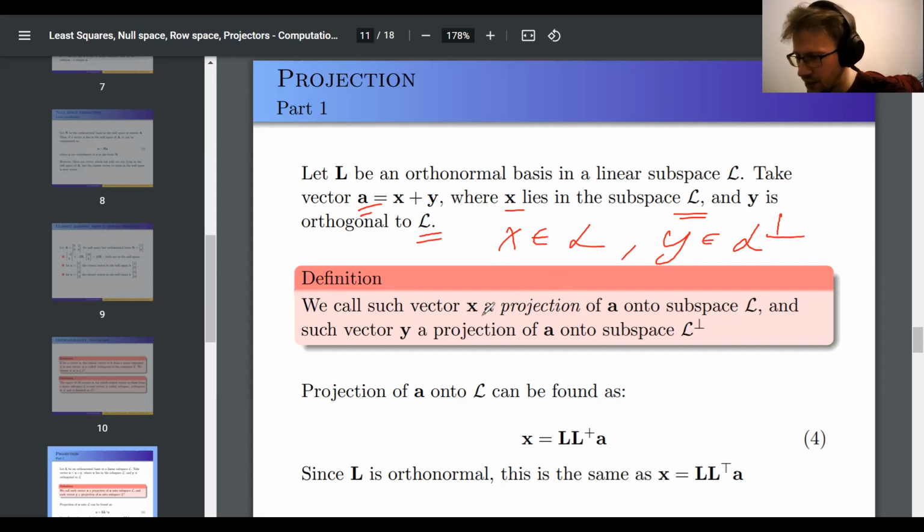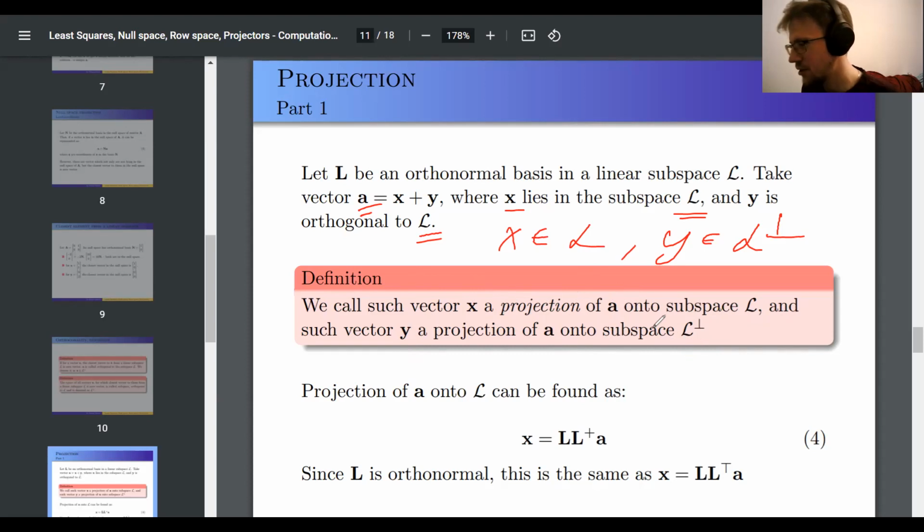So we call X a projection of A onto L, and we call Y a projection of A onto L perp, or the orthogonal complement. That is the definition, if you want. It is a very simple definition, but it is a definition. So X is the projection of A onto one subspace, and Y is the projection of A onto another subspace.